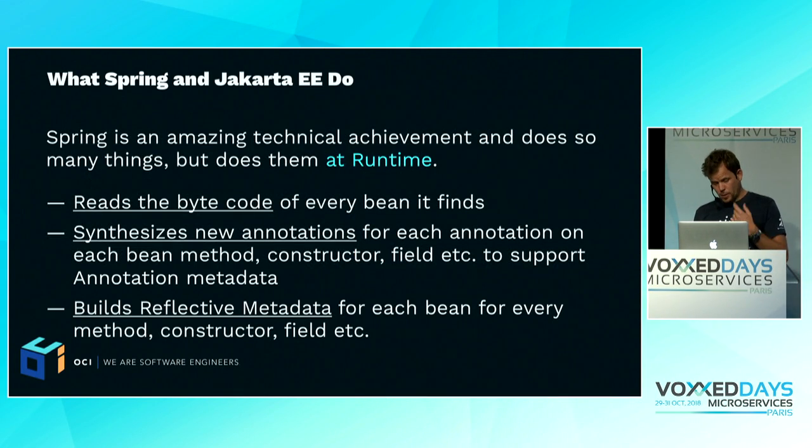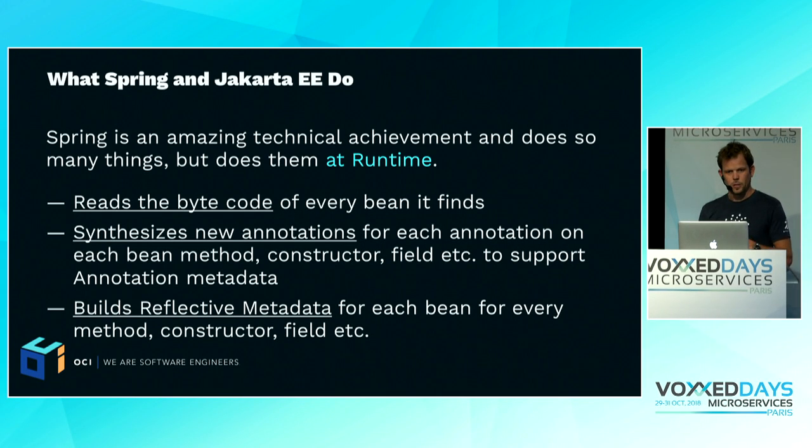And what we found is that Spring, and the same applies to Jakarta EE and any framework that uses runtime analysis, reflection, etc. They're amazing technical achievements, and they do a hell of a lot for you as a developer, but they do everything at runtime.